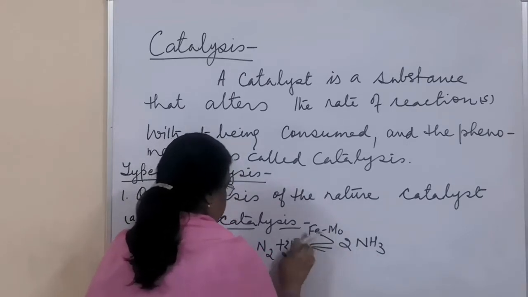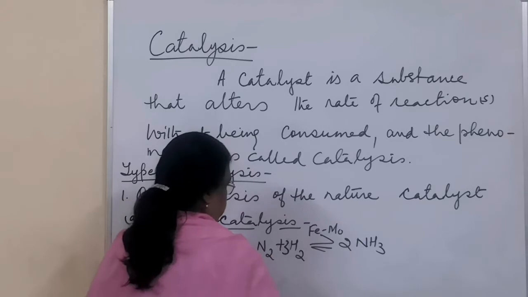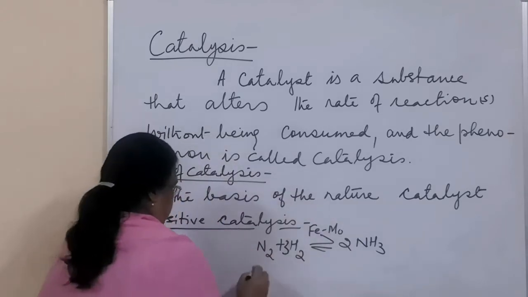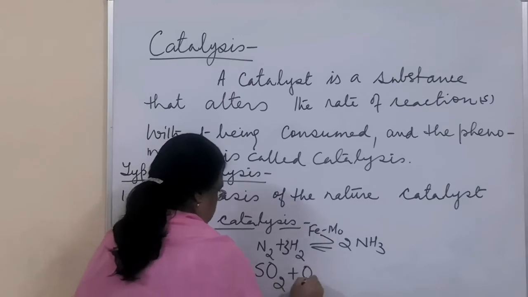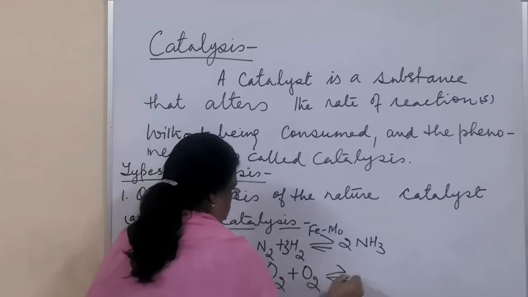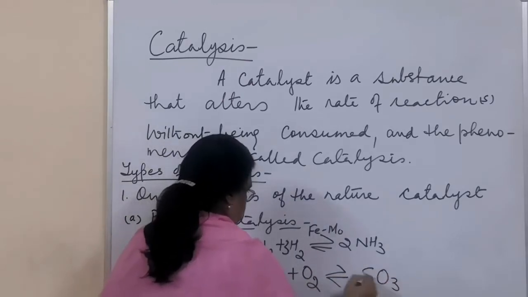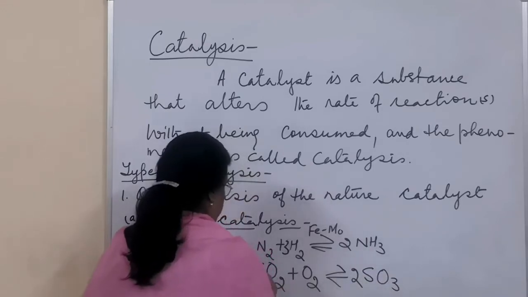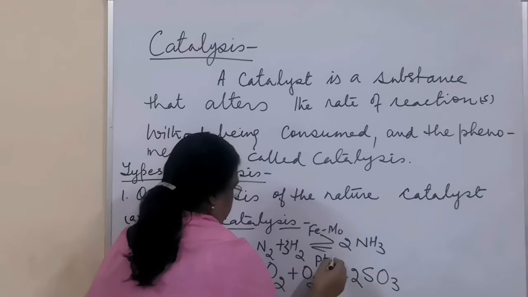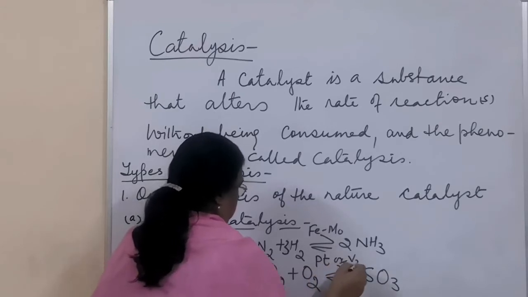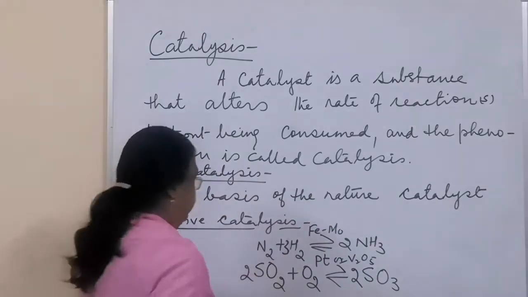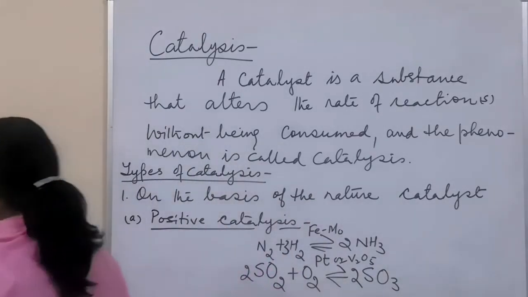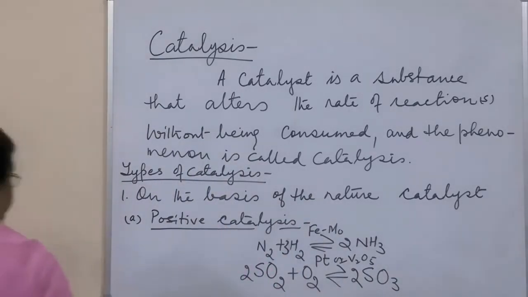If you don't take a catalyst, reaction is too slow. Another: sulfur dioxide combining with oxygen, contact process, sulfur trioxide is formed in the presence of platinum or now replaced by vanadium pentaoxide. So this is positive catalysis.